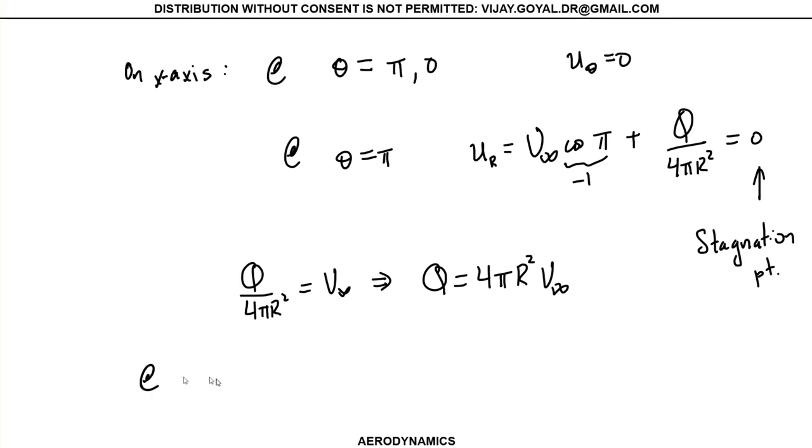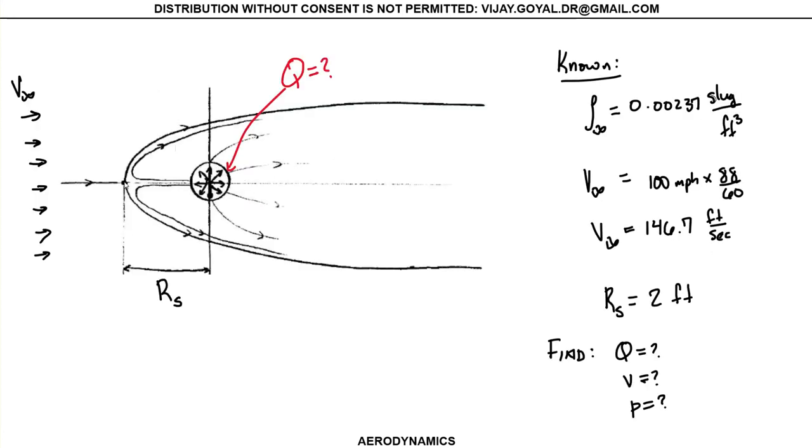Now, at stagnation, the value of your r is the value of RS, 2 feet. Because I want to know the stagnation point, which is located at a distance RS, and RS is actually equal to 2.